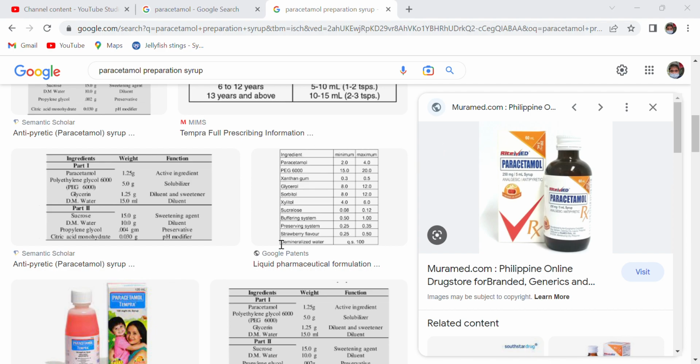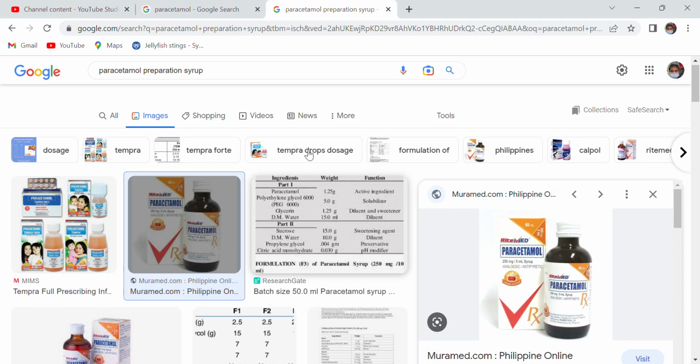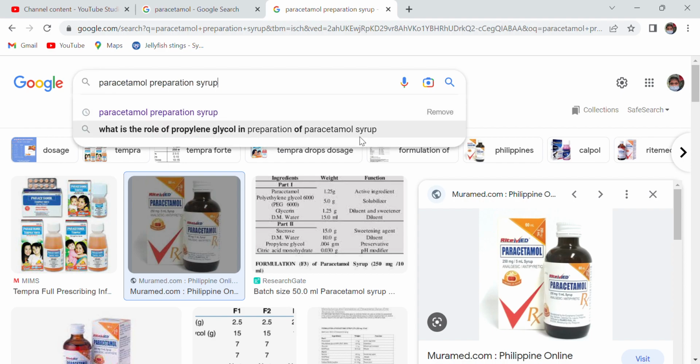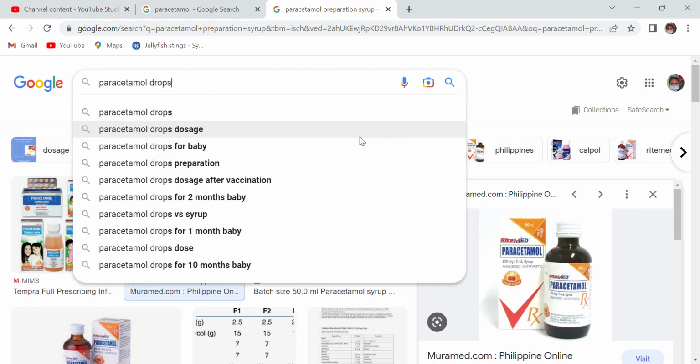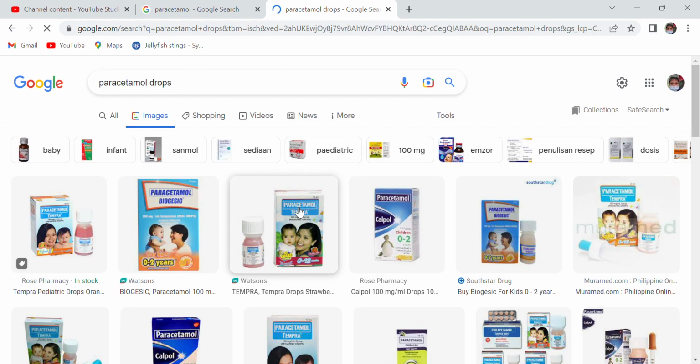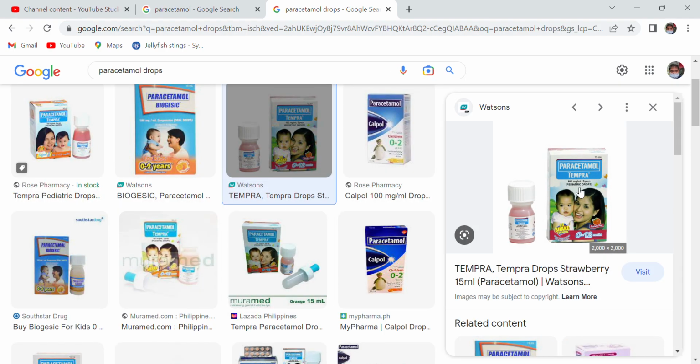What about if you bought a paracetamol that has a preparation of drops, paracetamol drops? The preparation for paracetamol drops is, let us see, 100 milligram per ml. So if it is 100 milligram per ml, you just change that one to 100 milligram per ml.